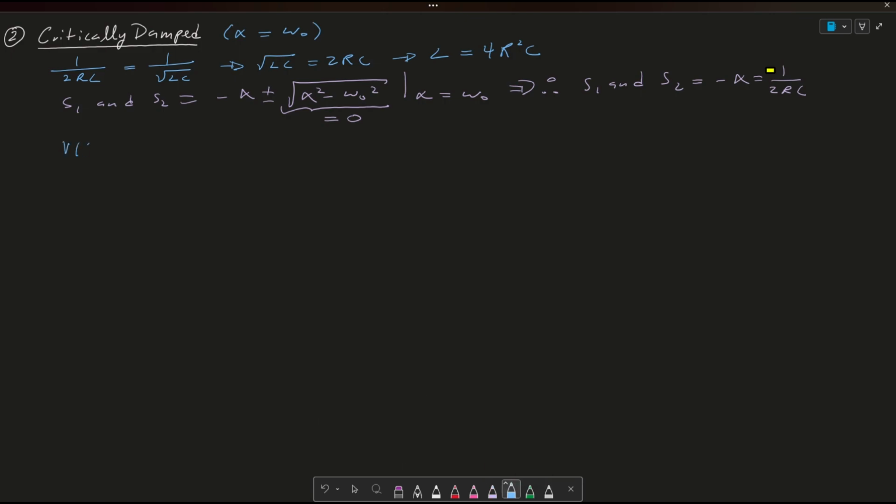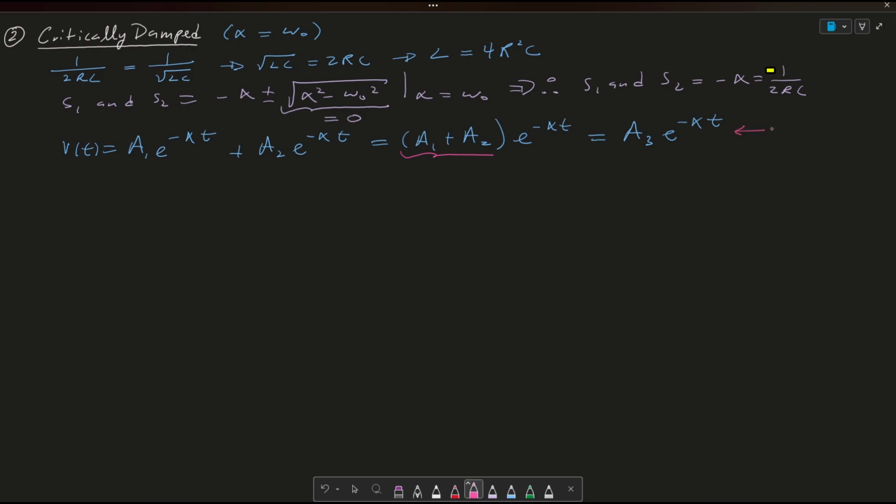Now we can say that V of t is equated to A1 e to the minus alpha t, because S1 is minus alpha, plus A2 e to the minus alpha t, which is equated to A1 plus A2 with e to the minus alpha t pulled out. Since these two are just constants, we can combine them into one constant, which we call A3 e to the minus alpha t.